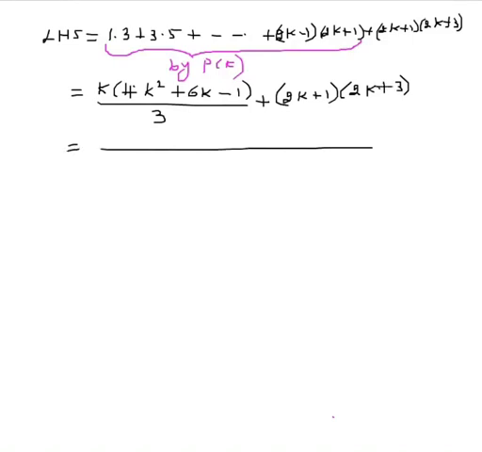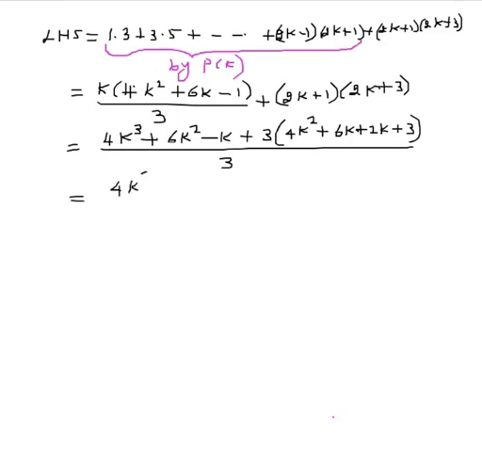Let us take LCM 3. Open the brackets and write 4k cube plus 6k square minus k, and 3 times this because we are taking LCM, which is 4k square plus 6k plus 2k, and 1 into 3 is 3. 4k cube, 6k square minus k, 3 4s are 12.